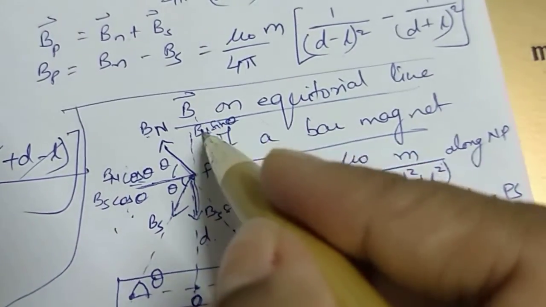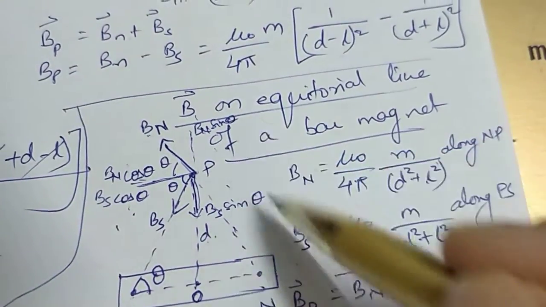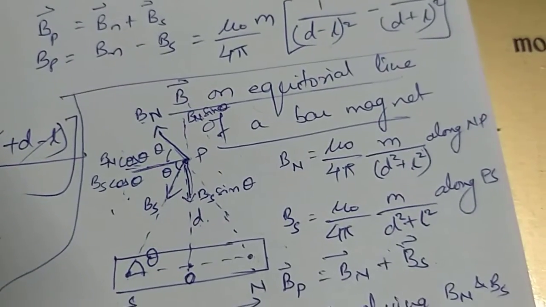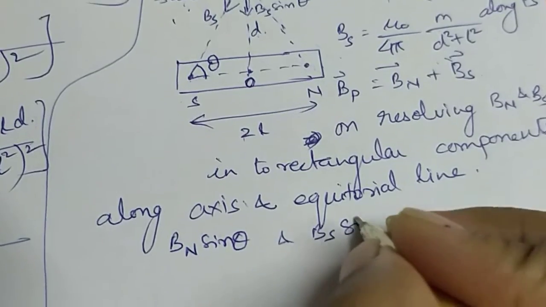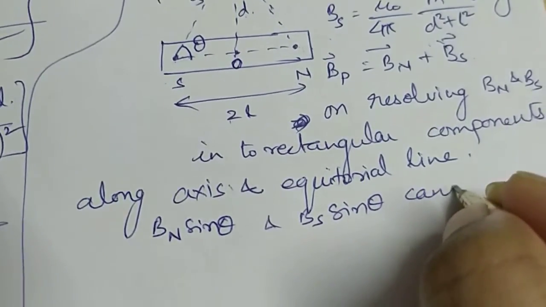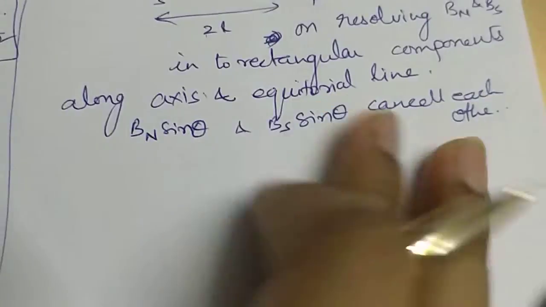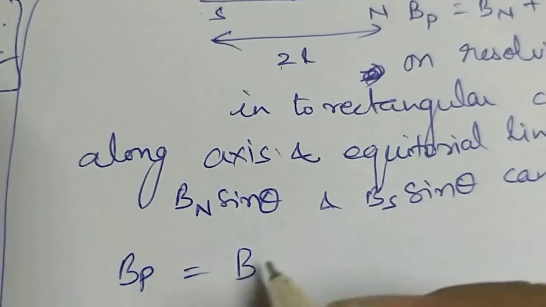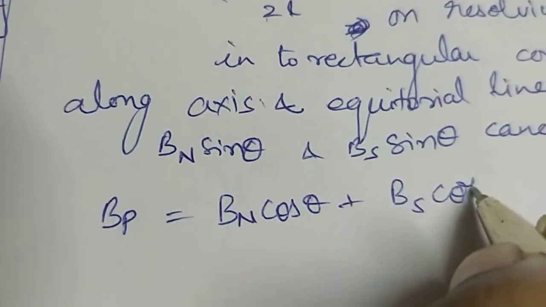But Bn and Bs are equal in magnitude, and theta is also equal, so Bn sin theta and Bs sin theta cancel each other. So what we are left with is that the magnetic field at P is only the sum of Bn cos theta plus Bs cos theta.